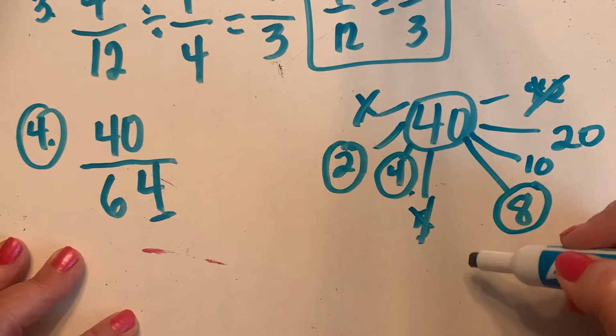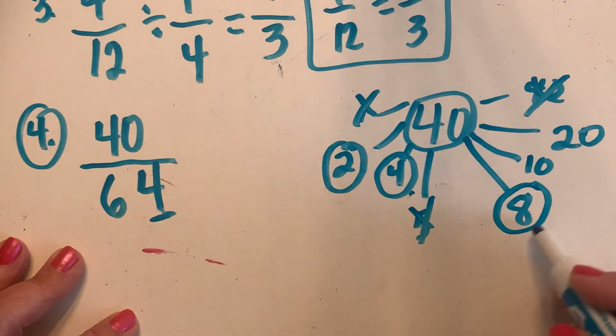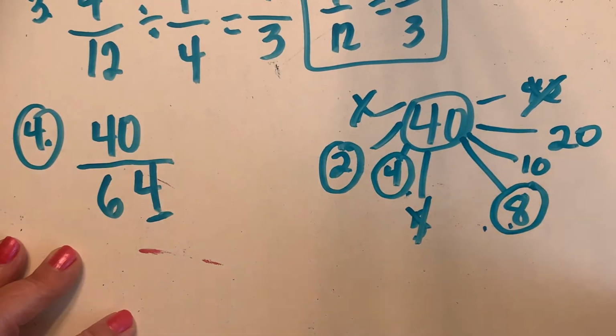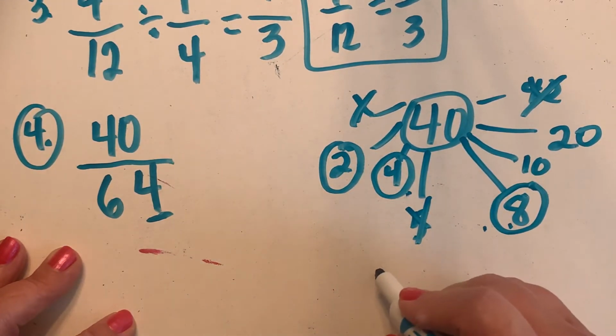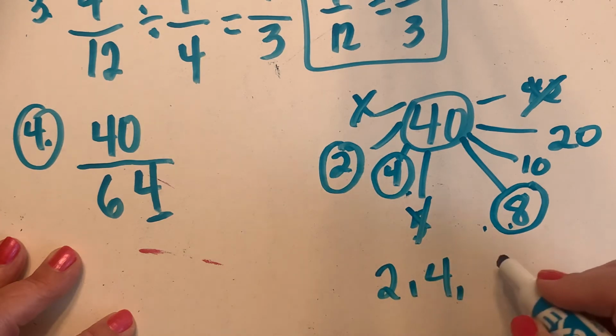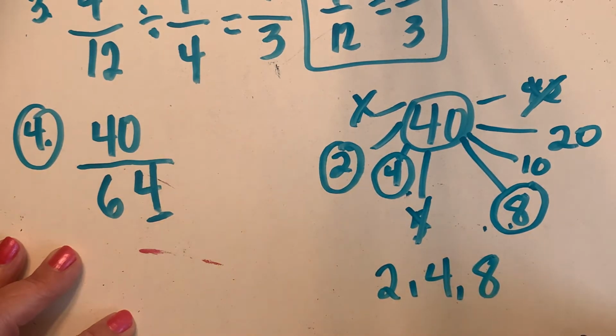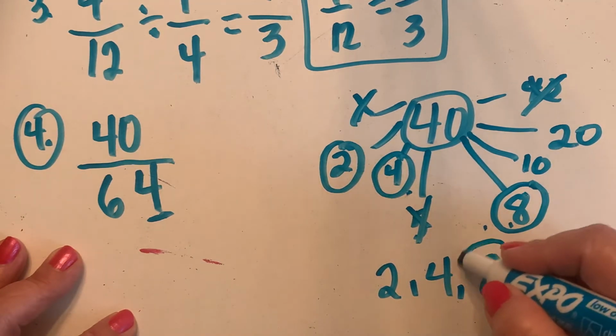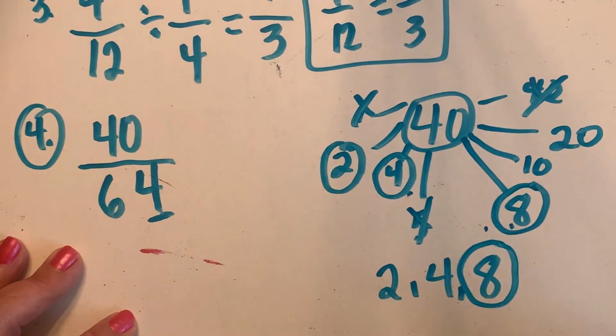So 6 doesn't go into 40, 7 doesn't go into 40, so we can stop, because 7 and 8 are next door neighbors, and that's when we know we're finished factoring. So our factors for this are 2, 4, and 8. Now I can divide by any of these numbers and come up with lower fractions, but they want to know reduced to the lowest term. So I find my greatest common factor, and that is 8.